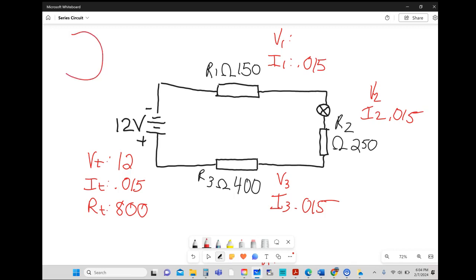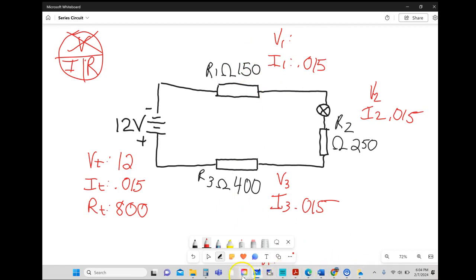I'm covering up the V. Forgot to erase that, didn't I? Can't see that V. So what kind of problem is that? I times R. So 0.015 times 150.